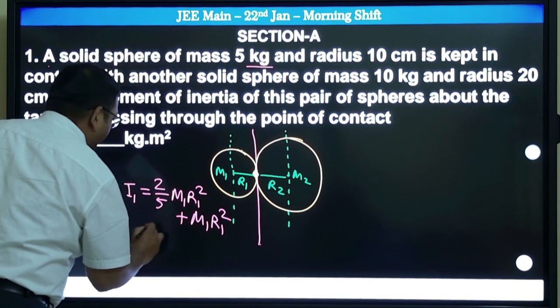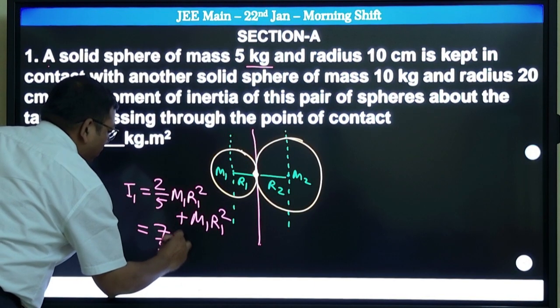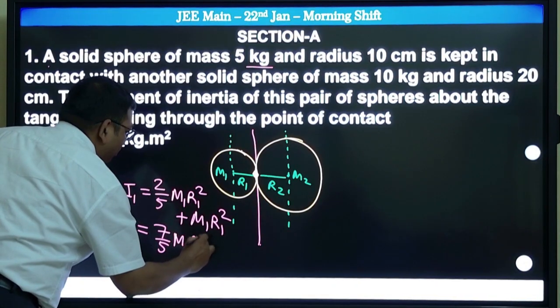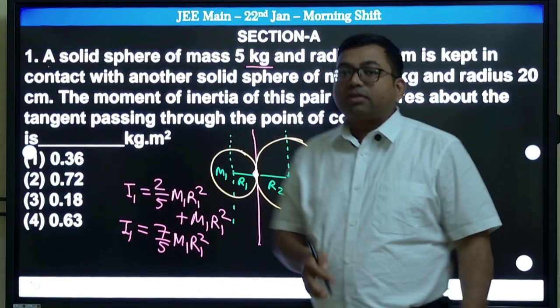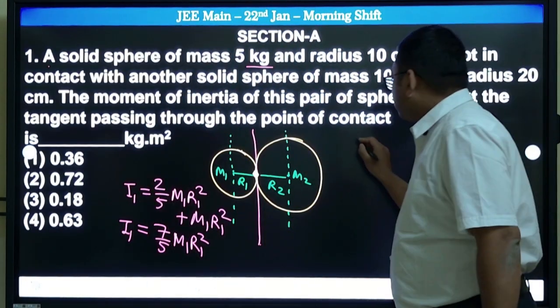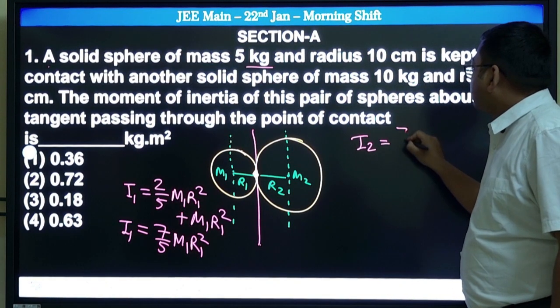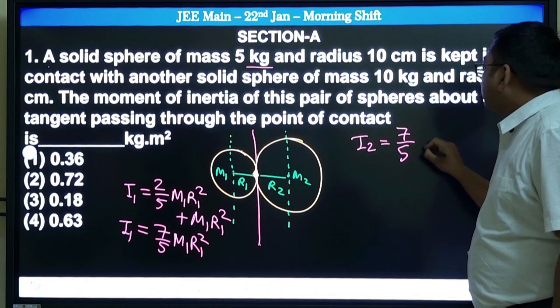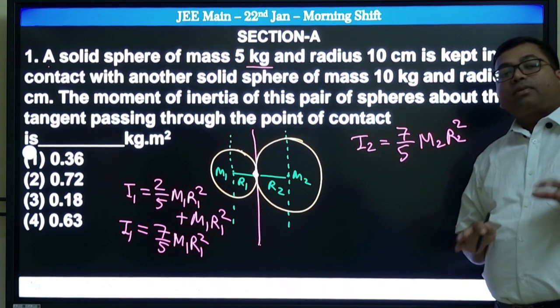So basically we are supposed to know that this is going to be 7 by 5 m1 r1 square. Similarly I2 also we will calculate. So I2 will come in the same manner. I2 will come how much? This will also become 7 by 5 m2 r2 square, and simply we have to add them.